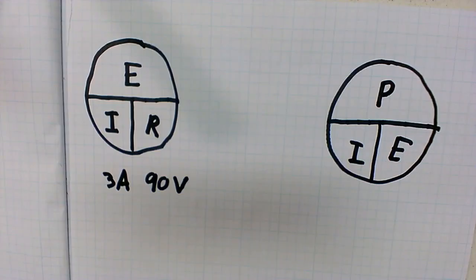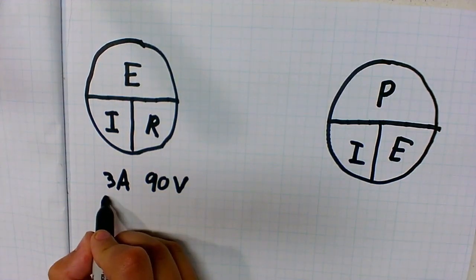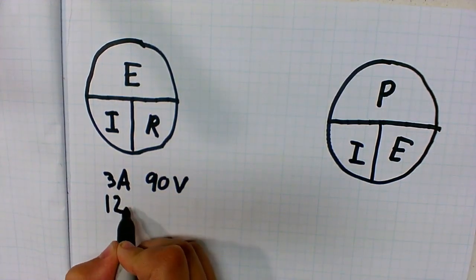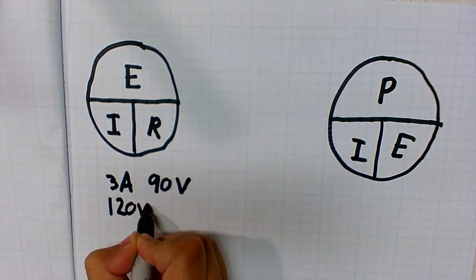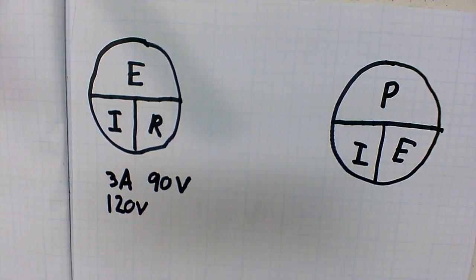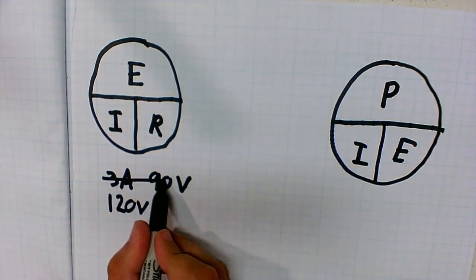When they give you these problems, the best thing to do is look at what you have. So they gave us 120 what? Volts. Okay, let's write that down. 120 volts, probably from the wall socket. You can cross off the one we did before, so we don't get confused.